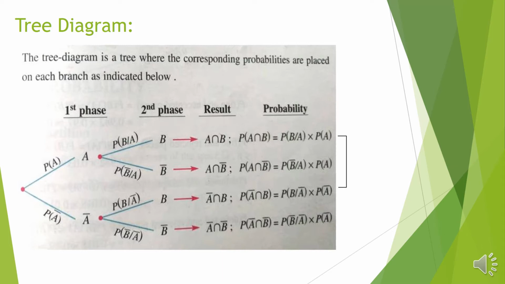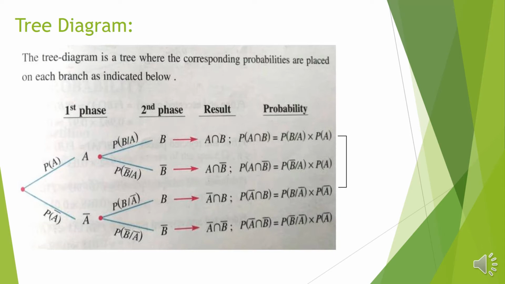Here this branch is probability of B knowing that A. Look now, probability of B means when B occurred after A occurred. So here probability of B knowing that A. In this branch probability of complement of B knowing that A. This branch, probability of B knowing that A, means A occurred then B occurred. Here the event B did not happen through A bar.